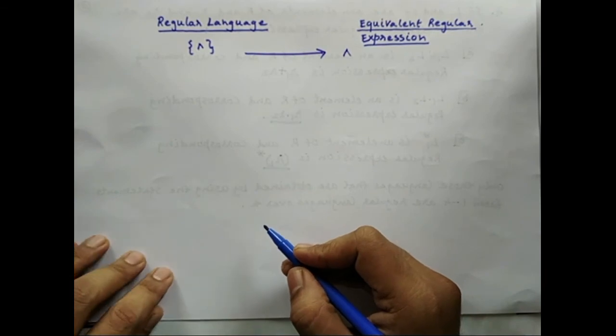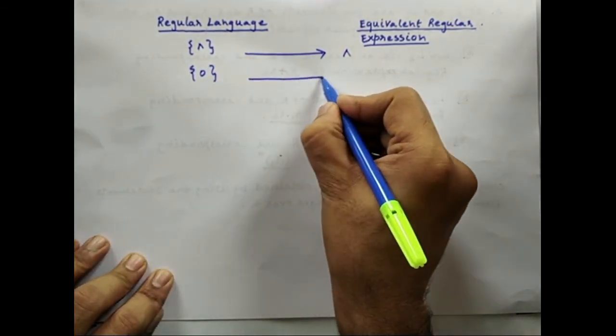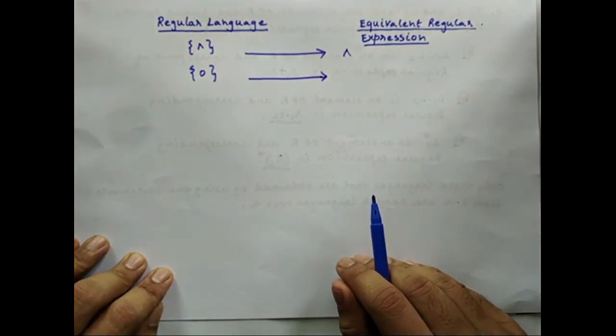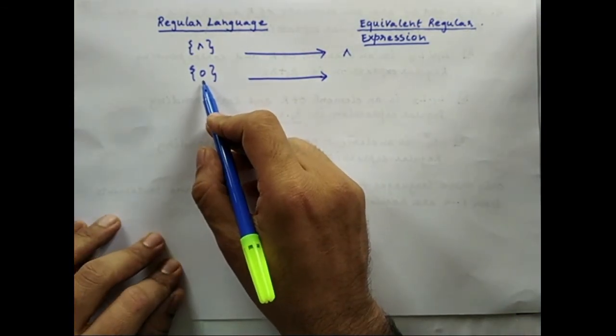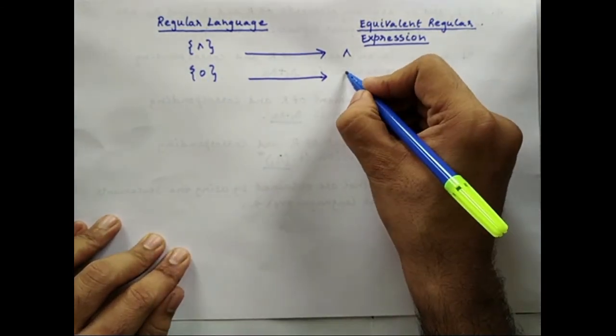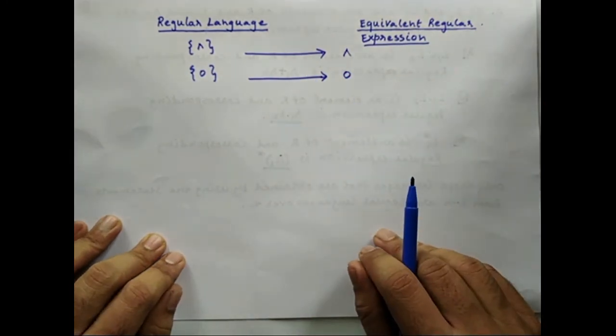We have already seen this. Now this is a regular language wherein there is only one valid string, and that too of length 1, that is string 0. If this is a regular language, then the equivalent regular expression will be simply 0. In both these cases, we have dropped the parenthesis.